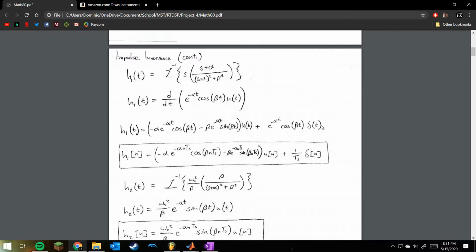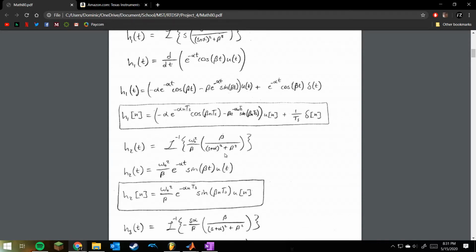You'll notice here on the right we have the Dirac delta, and since the Dirac delta is only non-zero at t equals 0, we set t equal to 0 for everything that's being multiplied by the Dirac delta, which basically means that this part just goes to 1. Then when we perform the discrete time substitution, we have to divide by the time interval.